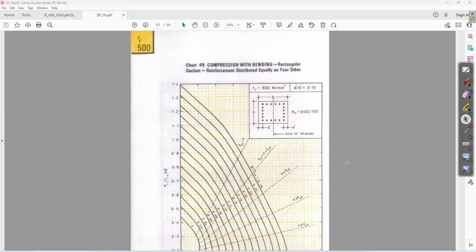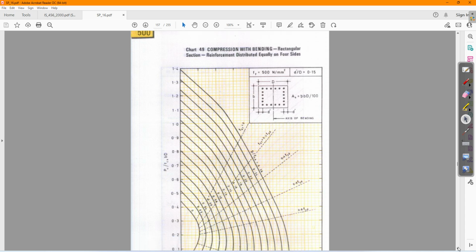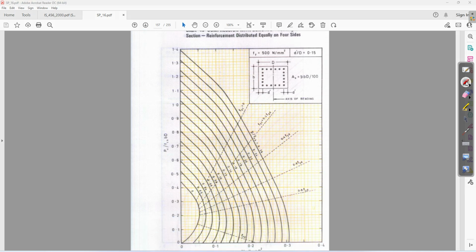Okay. See here. You know the value of PT by FCK. It is this curve, 0.06 PT by FCK. So 0.06.